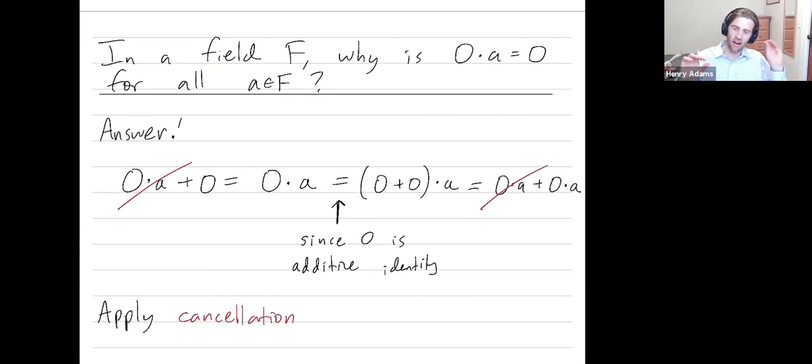Whenever you have A combined with B is equal to A combined with C, that means B equals C. I shouldn't use the letter A here. Whenever you have X combined with Y is equal to X combined with Z, then Y is equal to Z. So we apply cancellation to see that what's left on the left side is equal to what's left on the right side.